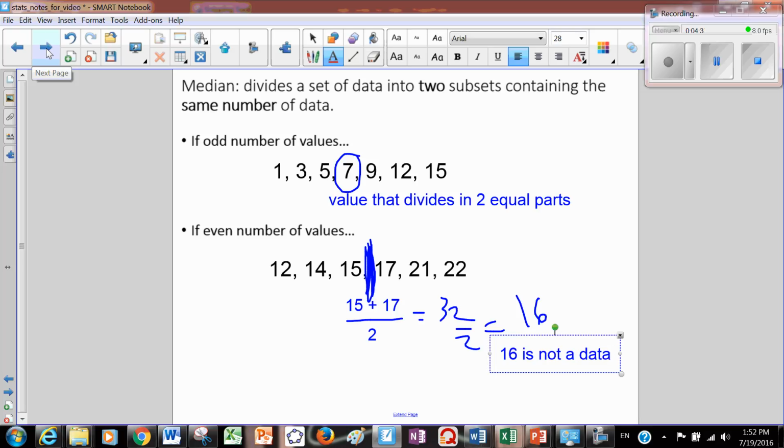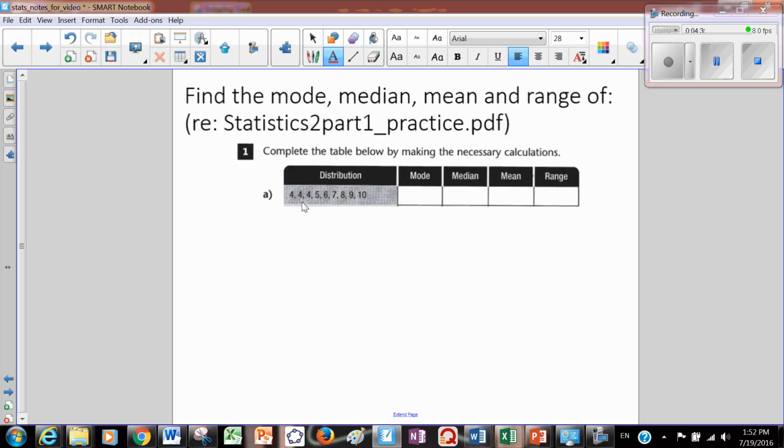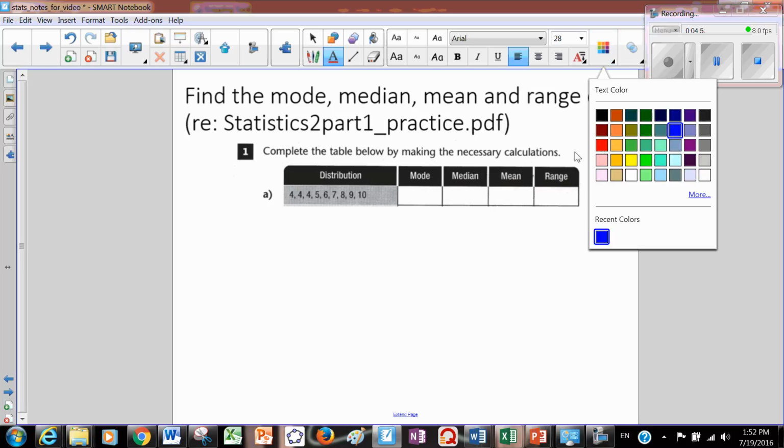So for example, if they give you a set of numbers and they want you to find the mode, the median, the mean, and the range, you can pause the video if you want, try it by yourself, and after come back to check if your answer is correct. The mode is the value that is occurring most.